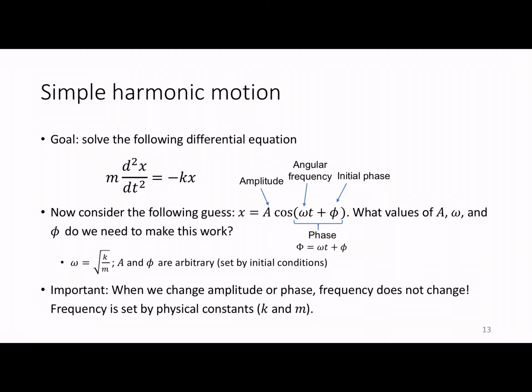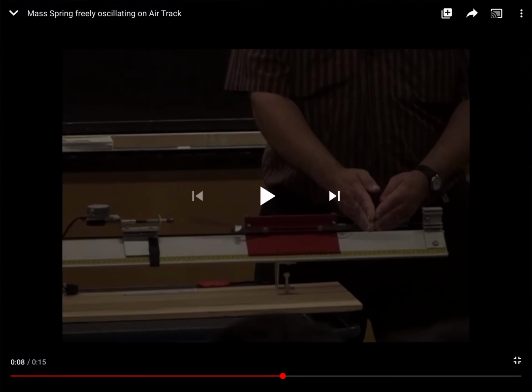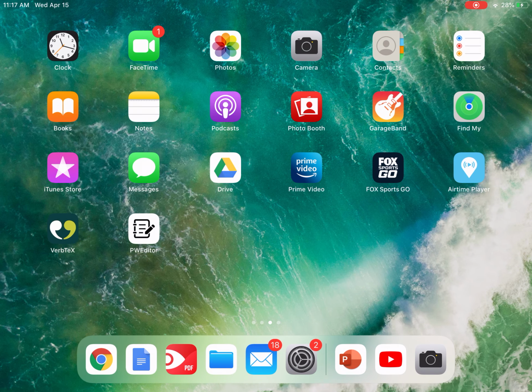All right. So quickly, before we go on to solve anything, I just really want to emphasize, when I change the amplitude or the phase, these initial conditions, the frequency does not change. I can make the oscillations very large or very small, and in the limit where this is simple harmonic motion, nothing should change about the frequency.